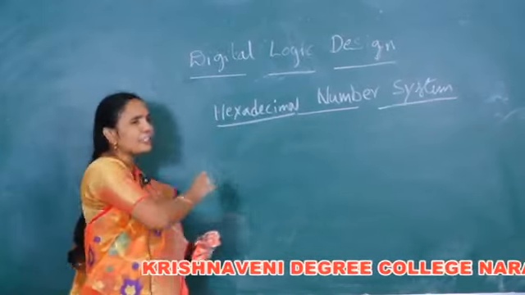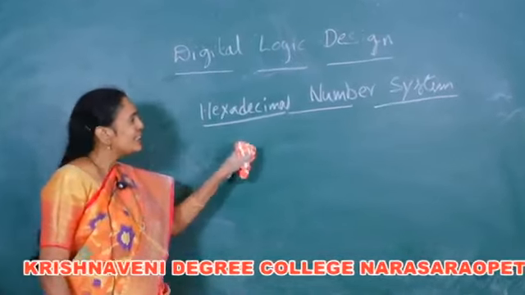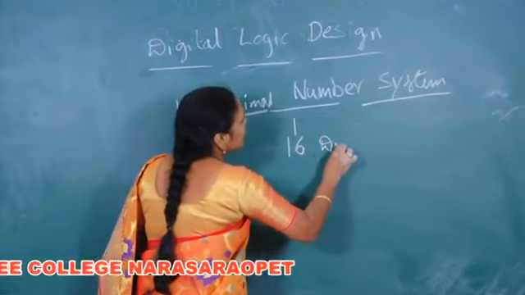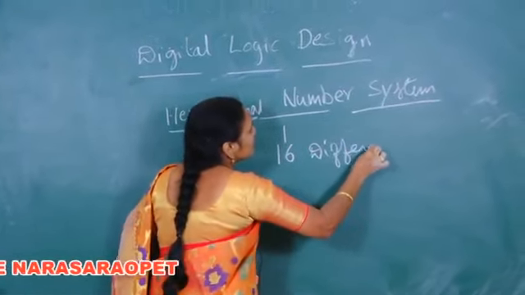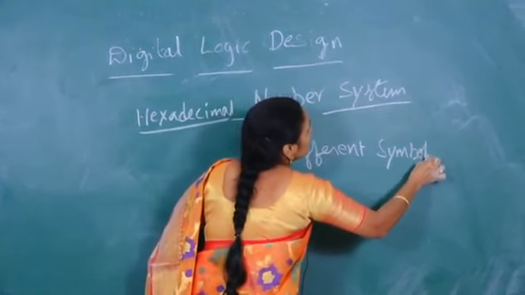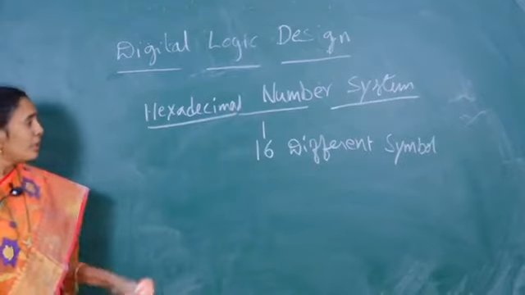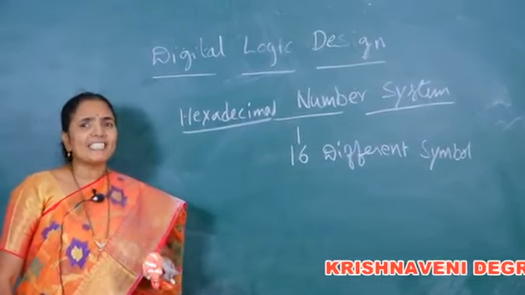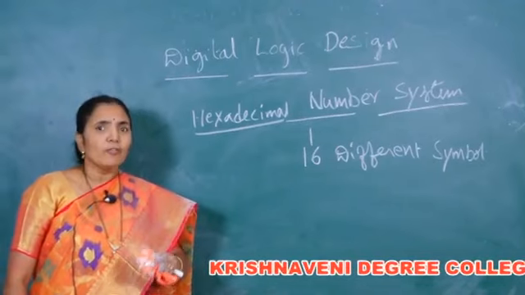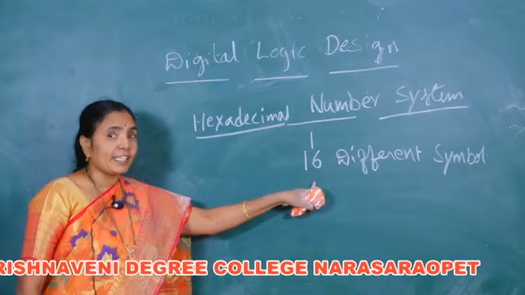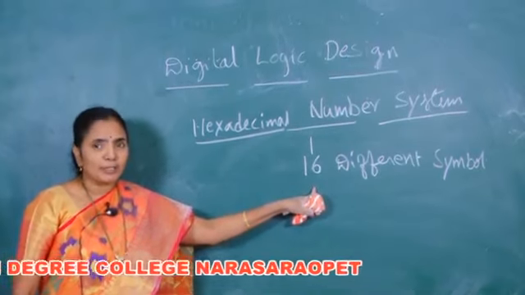From the word hexadecimal, we can understand that this number system is going to use 16 different symbols. But in our mathematics, we have only digits from 0 to 9, which are only 10. Then how are we going to get 16 different symbols?